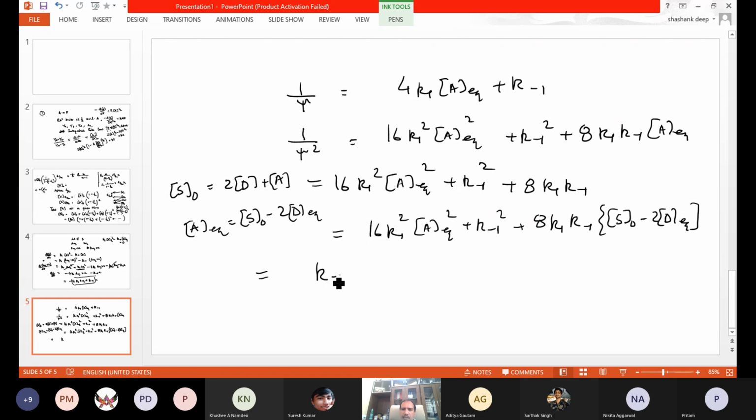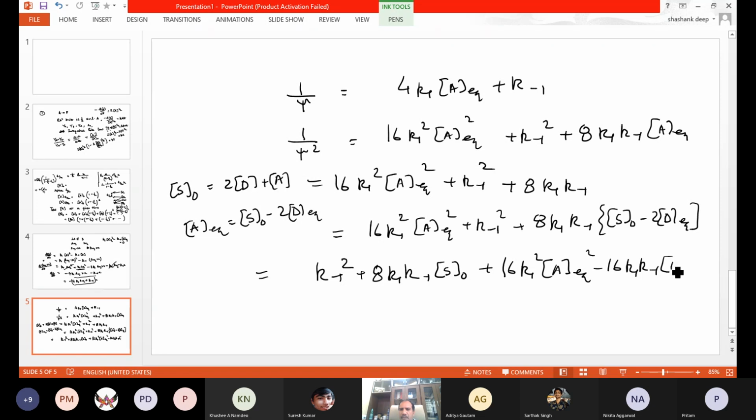So what will it become? k minus 1 square plus 8k1 k minus 1 S naught plus 16 k1 square A equilibrium square minus 16 k1 k minus 1 into D equilibrium.